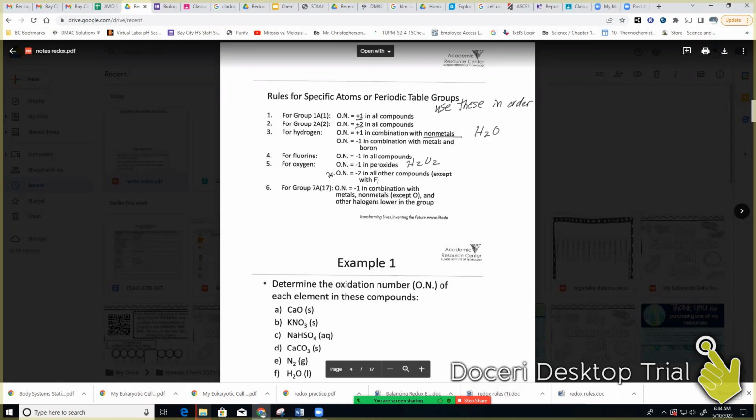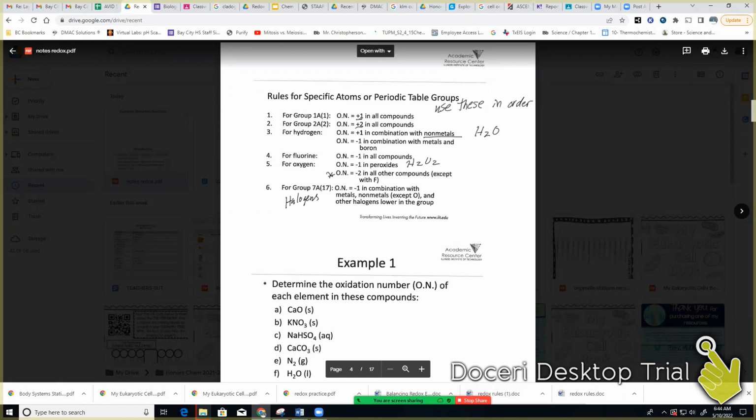Once again, probably not something we're going to worry a lot about or come across. The group 7A, so these are your halogens, have a -1 in combination with a metal or a nonmetal except oxygen, and other halogens lower in the group. So most of the time it's going to be a -1.